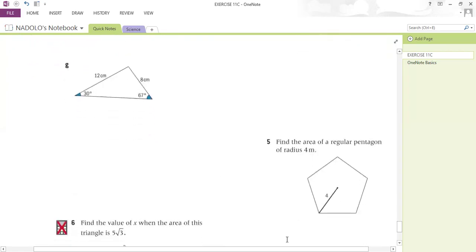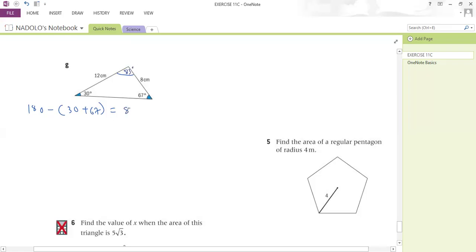Part G. You have two sides, no angle between them, but you can use the property of a triangle that all the angles add up to 180. You add the two given angles and you subtract from 180. So 180 minus 97, you get 83 degrees.